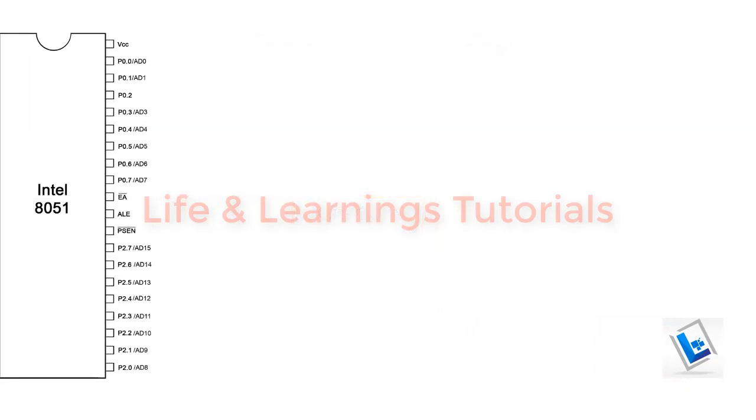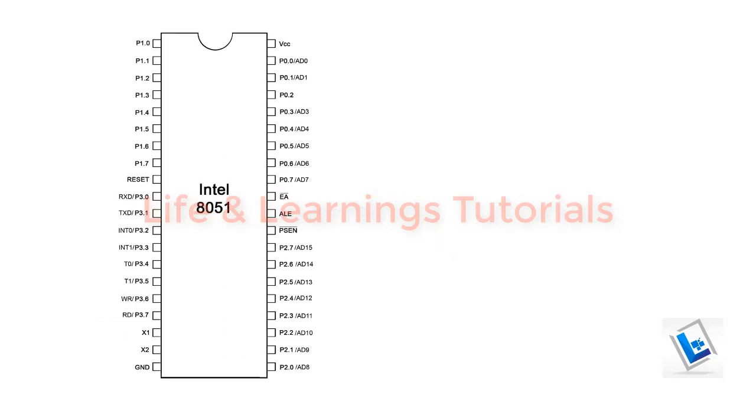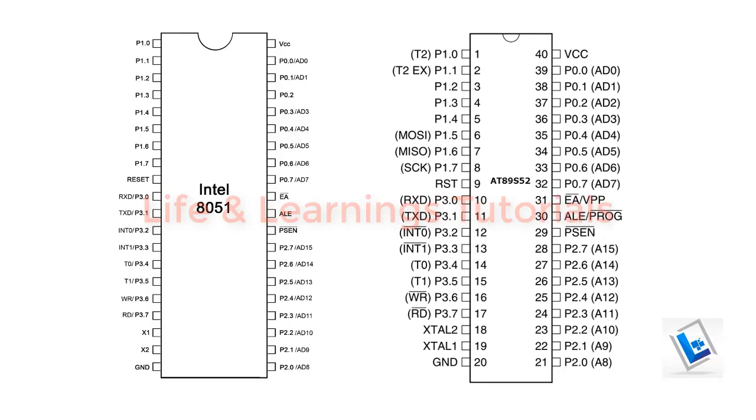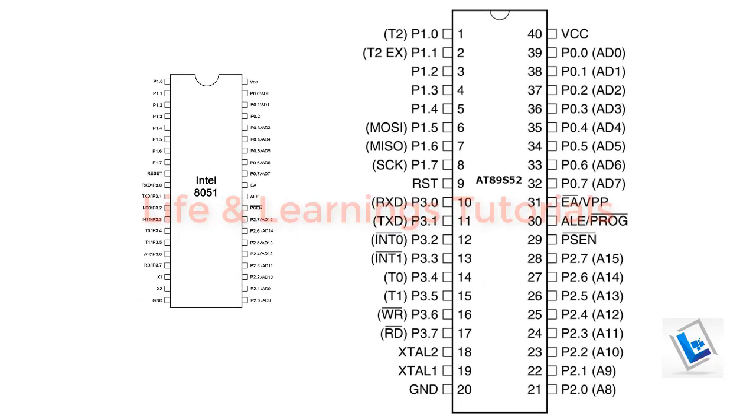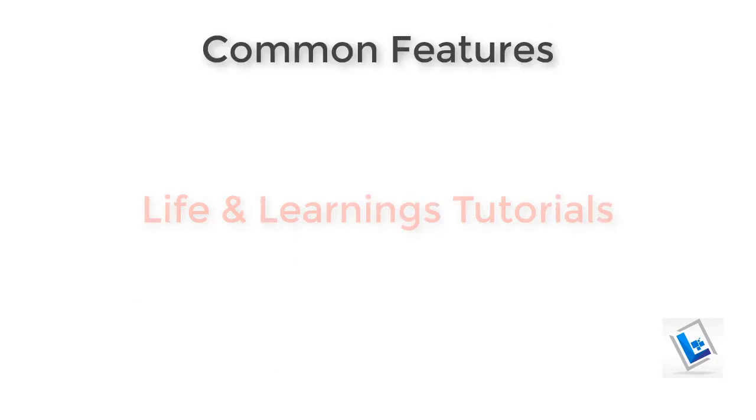The 8051 was introduced in 1981 by Intel, and the Atmel's 8051 has similar features to the original 8051, but some capabilities are extended in Atmel's 8051. So first I will discuss the common features of 8051.